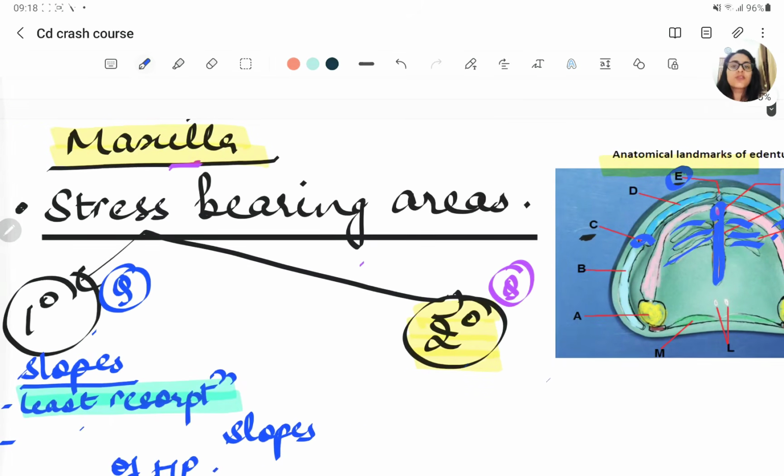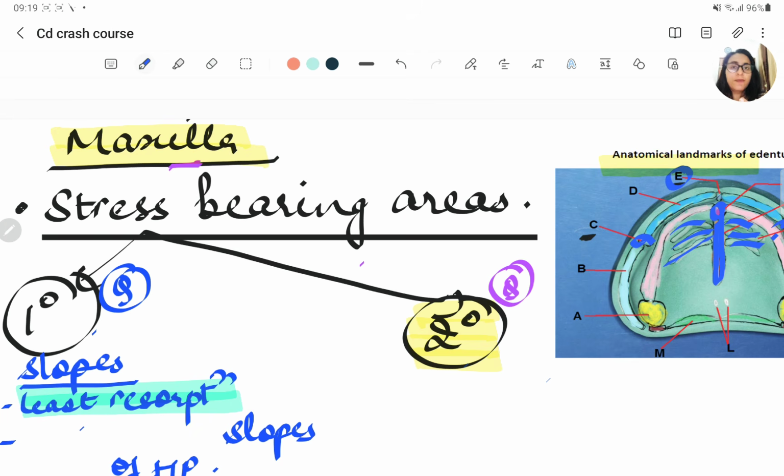So the stress bearing areas are going to bear whatever stresses are coming on the maxilla, or basically on the maxillary arch. In case of a complete denture, these areas are going to bear the stresses. The primary stress bearing area is the one which is giving the support, or which is going to absorb all the stresses that are coming.